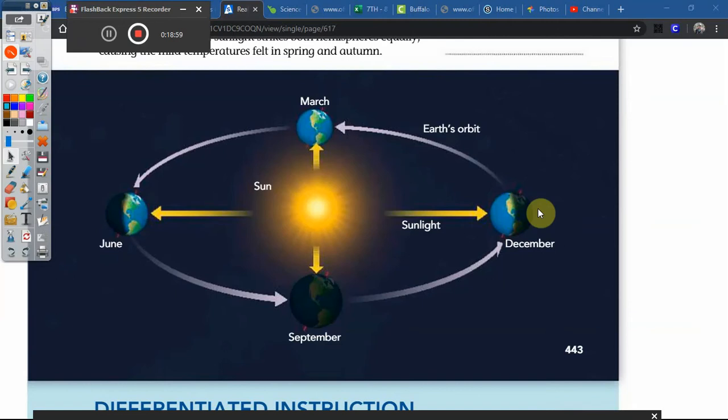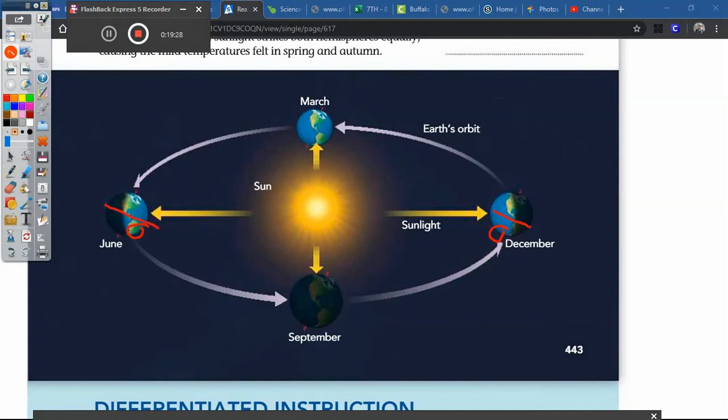Now remember, if you live in the southern hemisphere, if I'm in Australia, or Brazil or Chile, it's going to be opposite. So if I'm down here, I'm actually going to draw this out. All right, so there's my equator.